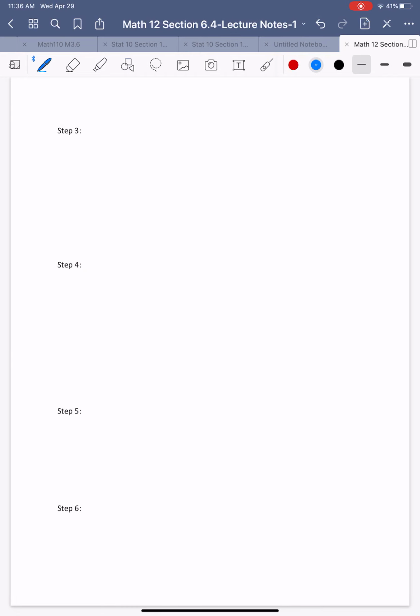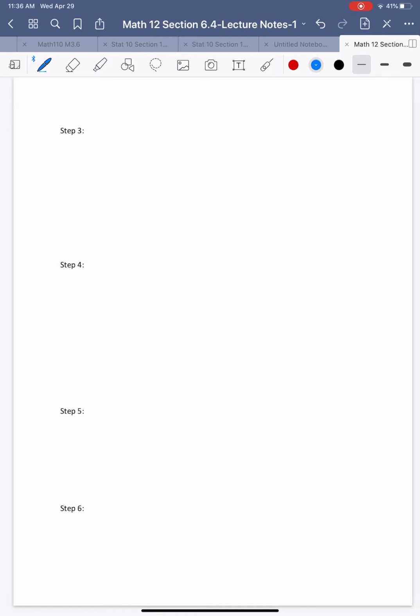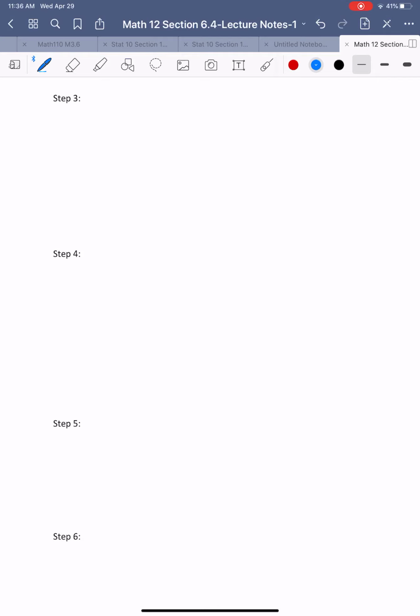Next page. Now in step 3, we need to write the probability notation that models the problem: what is the probability that in a random sample of 150 people from State College, more than 50 are not college students?